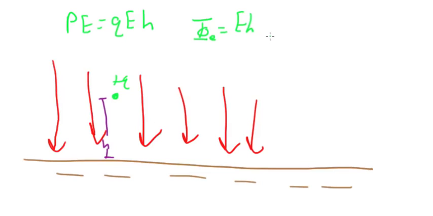So yeah, that kind of gives you a flavor of potential energy, or potential. This is the potential, and this is the potential energy, usually written as U. So U equals Q phi E. What you'll notice is there is a charge that's creating an electric field, but that isn't the charge here.